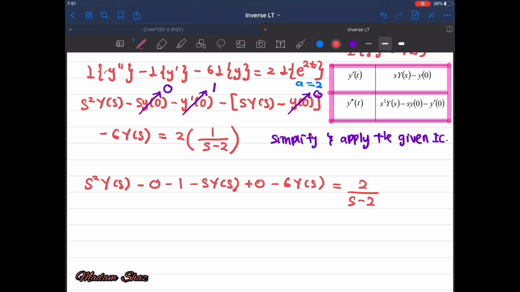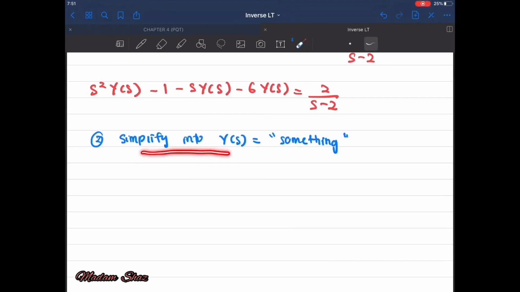So I just rearrange back. S square Y(s) minus 1 minus sY(s) minus 6Y(s) is equal to 2 over s minus 2. So now we proceed for the next step: simplify into Y(s) equal to something. In order to do that, we need to factorize all the Y(s). So Y(s) in this big bracket, Y(s) multiply with what so that it will become s square?